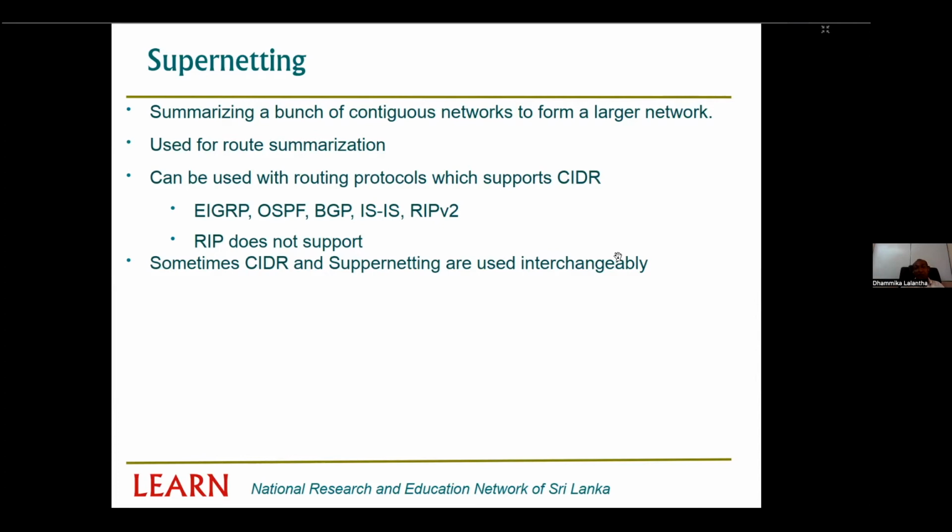But RIP version 1 does not support CIDR. So if we configure a supernetted or summarized address in RIP version 1, it will not be accepted. And as I said, these two terms, CIDR and supernetting, are used interchangeably.